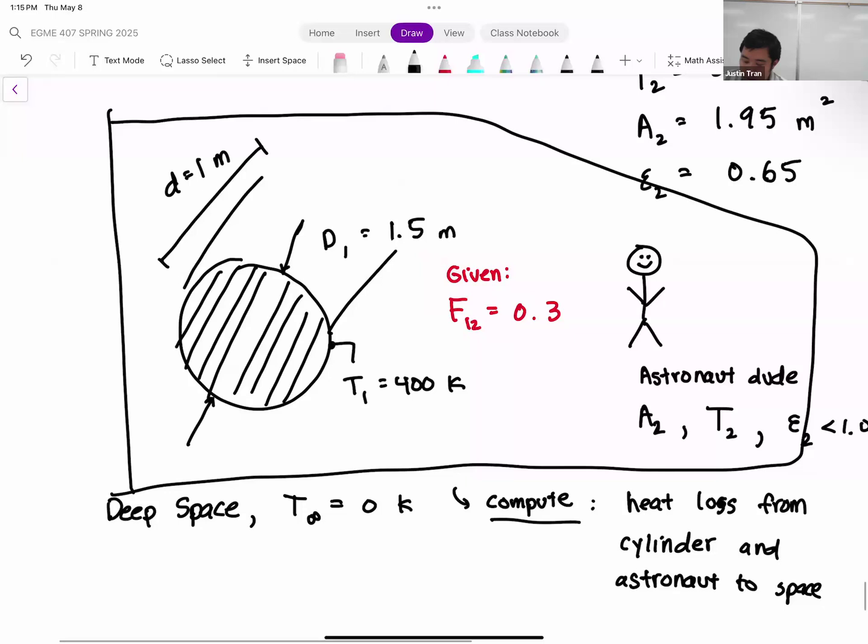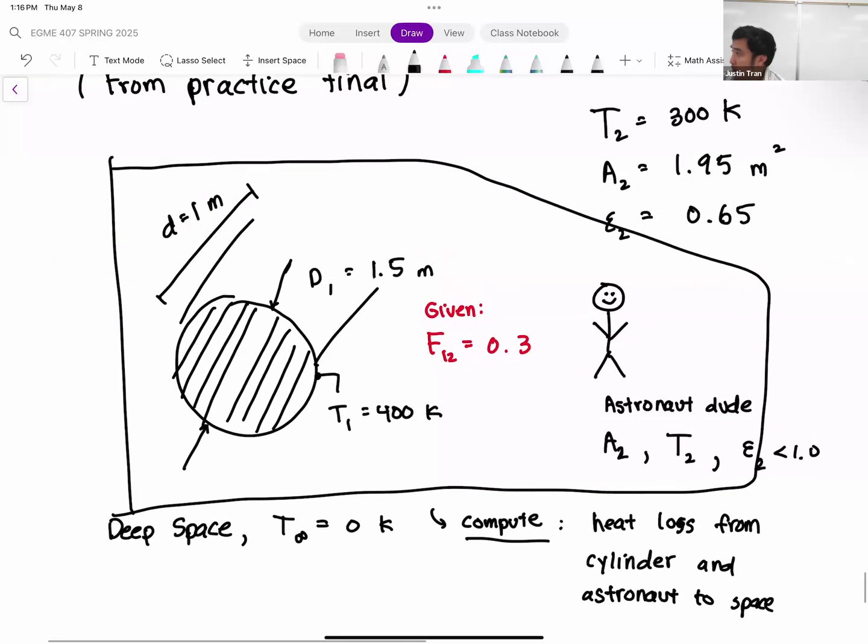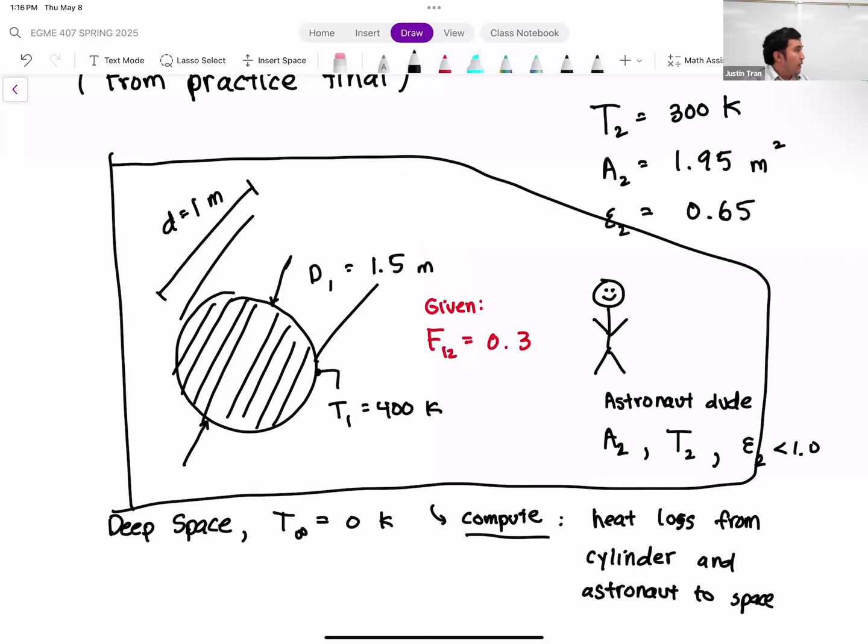Let me zoom out so you can see the whole thing here. So that's our situation.